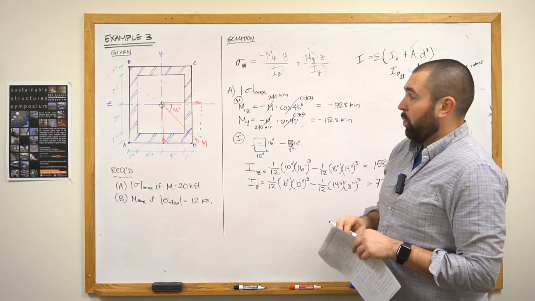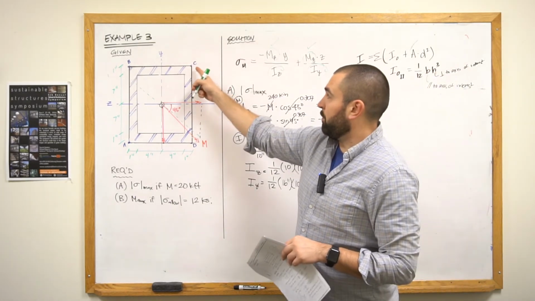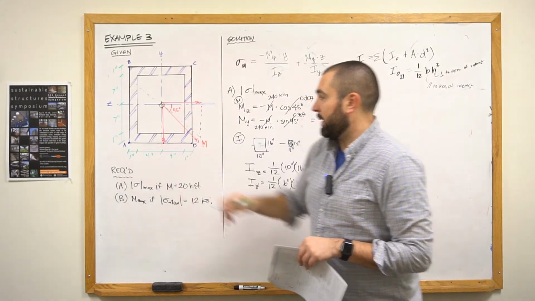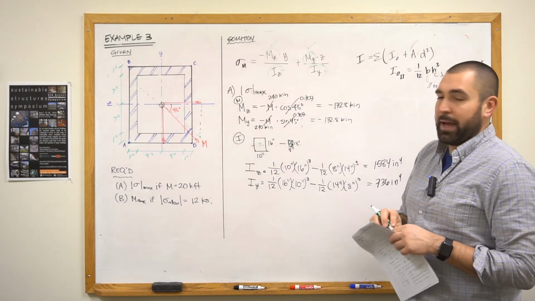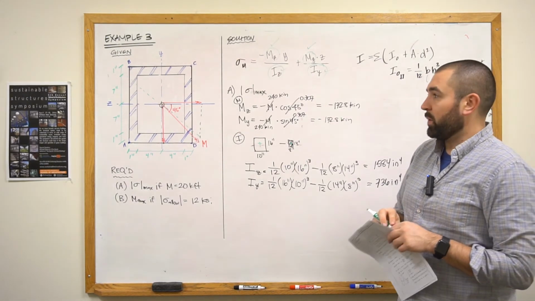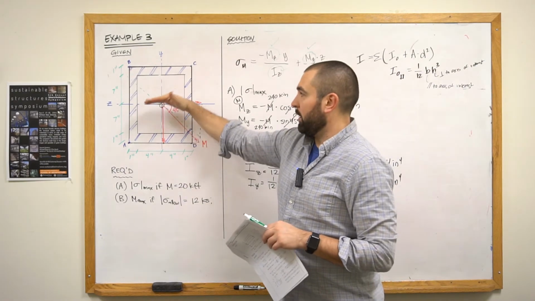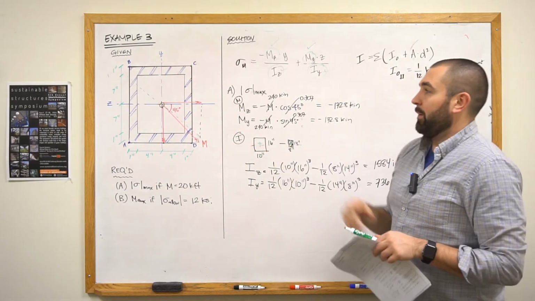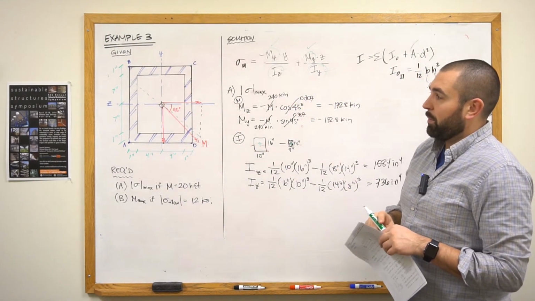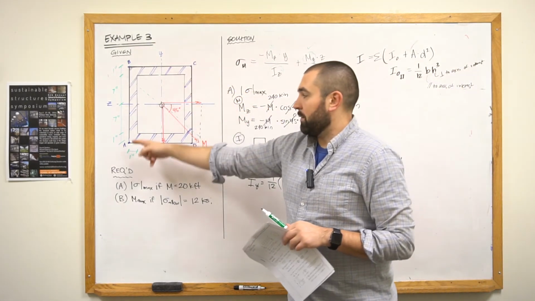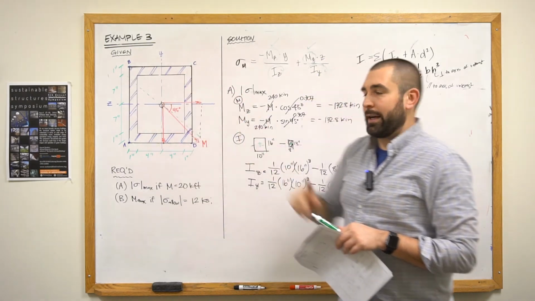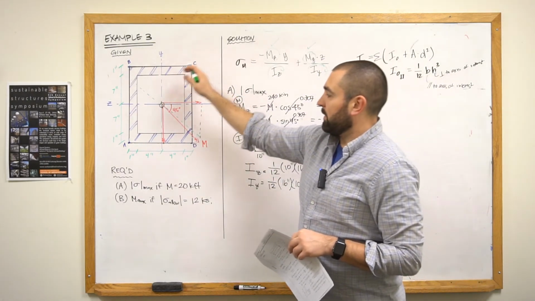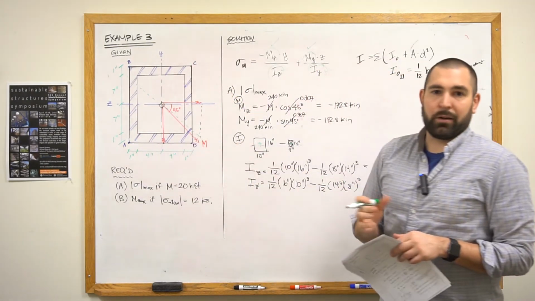Now, between point C and point A, there's not going to be any difference in magnitude of that normal stress, because this is a doubly symmetric shape. If we had a T-beam or something else like that, we might have to check both of these individually, but in this case, because it's doubly symmetric about the Z and the Y, the magnitude of the stress at C and the magnitude of the stress at A are going to be identical.